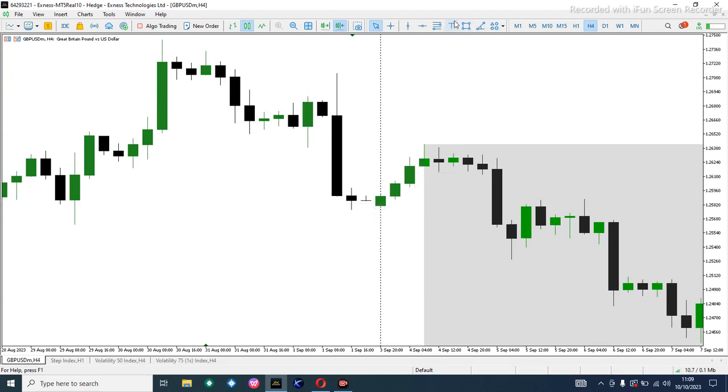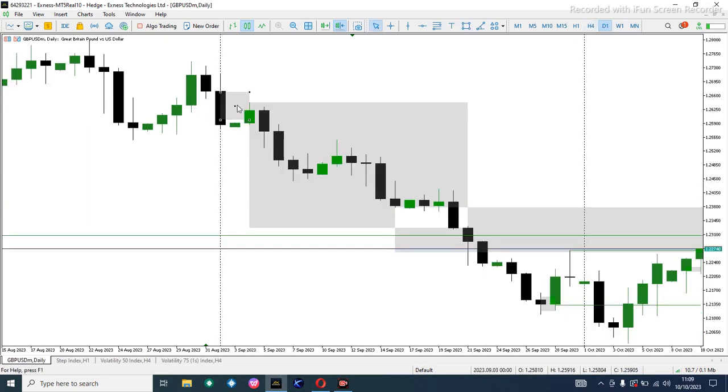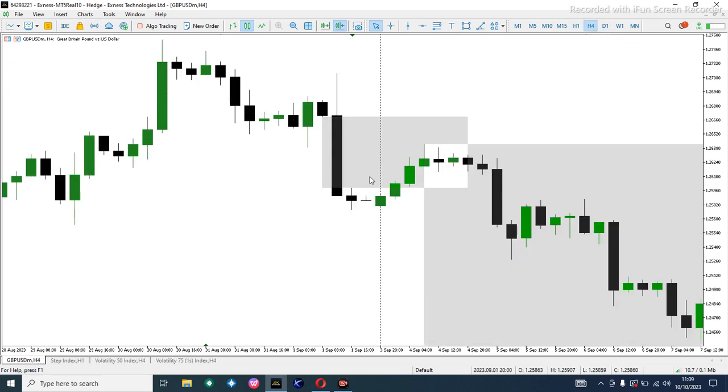What did it do? It formed a fair value gap. Now bear in mind that on the daily time frame, this is sell our sell. So now it formed this fair value gap, and now this is a new week. Let's say probably this is Monday.